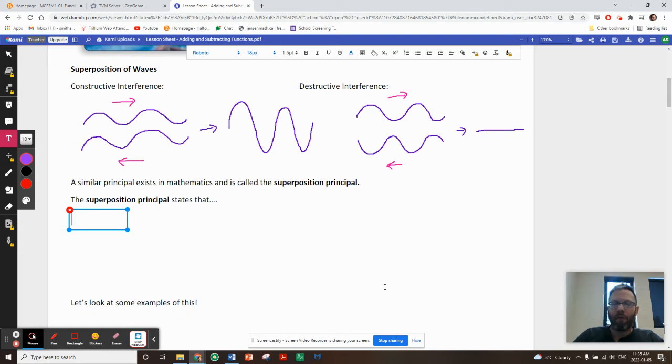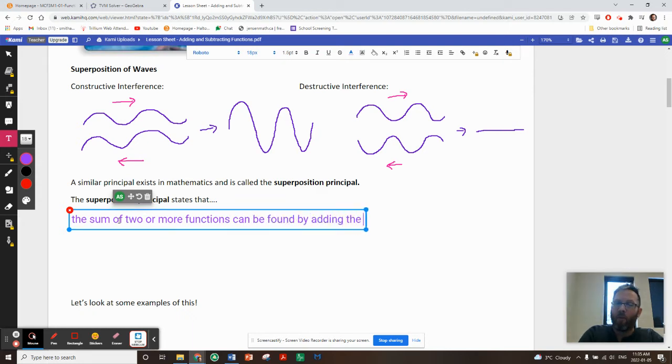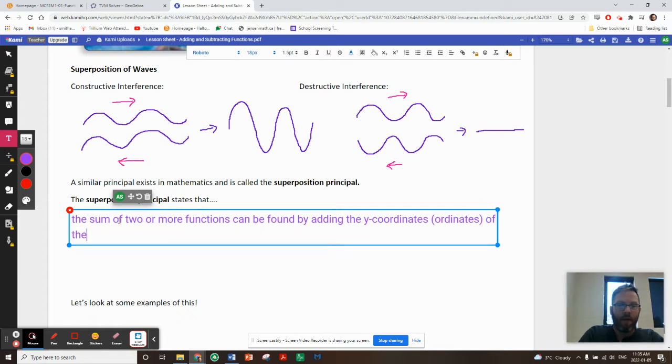So the superposition principle states that the sum of two functions, and we're going to do it with the sum of two functions today, but the things we do today with two functions, you can do with two or more functions, can be found by adding the y coordinates, and the fancy word for y coordinates is the ordinates, of the functions at each x coordinate.